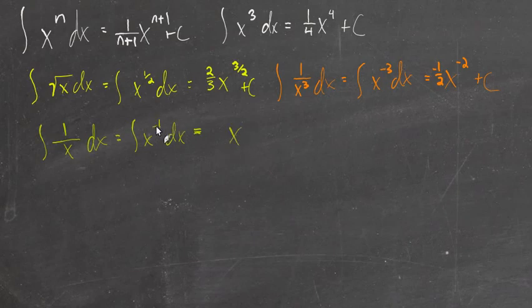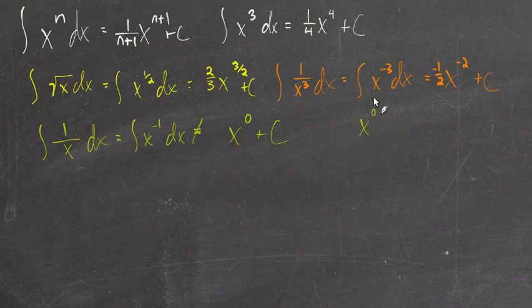We'll get x to the, add 1 to negative 1, you get 0. Okay, and then when we start thinking about going backwards and taking the derivative of this, we're going to bring down the power of 0 and multiply it by x, and we're going to get a derivative of 0. But the derivative is not supposed to be 0, it's supposed to be 1 over x. Let's look at it a different way. Clearly this can't be the case. X to the 0.